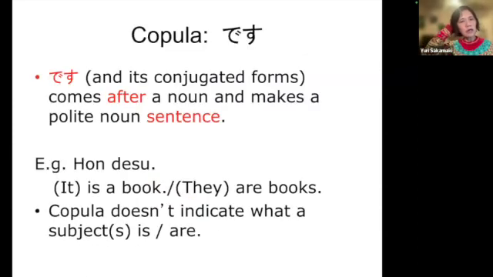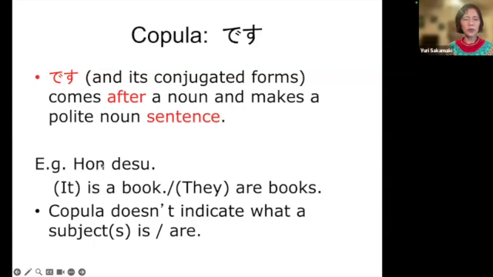This we learned from the previous video. This is te ten ten, so it's de and then su. This is how we write this, or it's going to conjugate in lesson 2, but it comes after a noun, not before. After a noun, it makes a polite noun sentence.